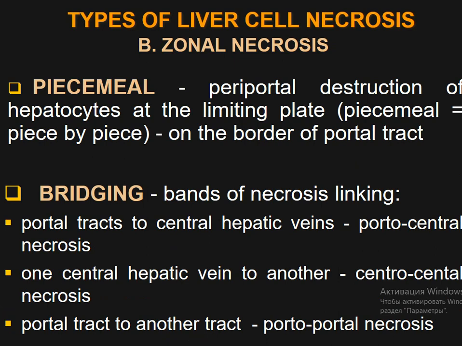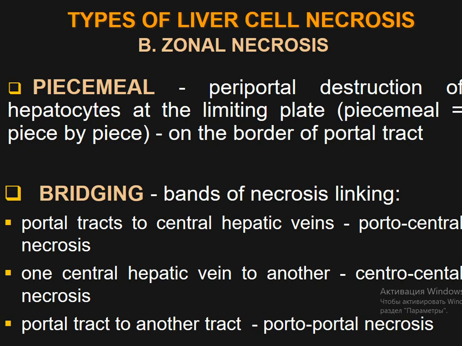Piecemeal zonal necrosis is defined as periportal destruction of hepatocytes at the limiting plate. Piecemeal means piece by piece. This subtype of zonal necrosis is located on the border of the portal tract.